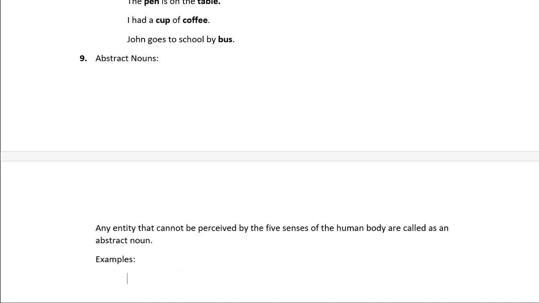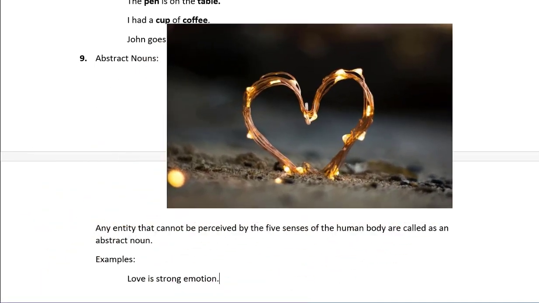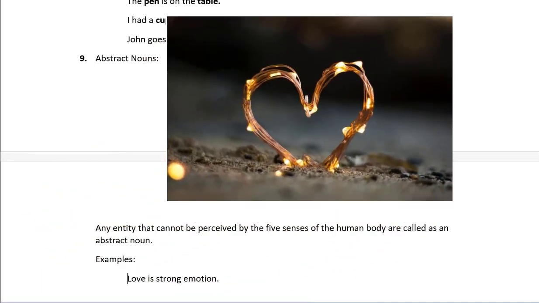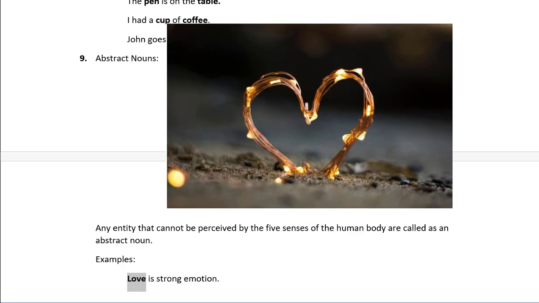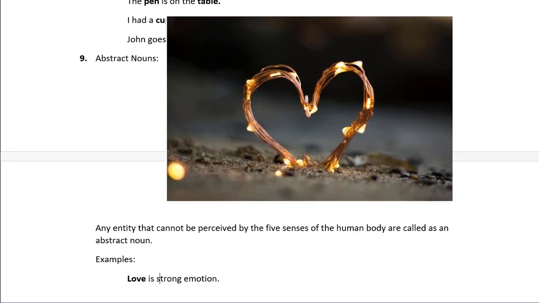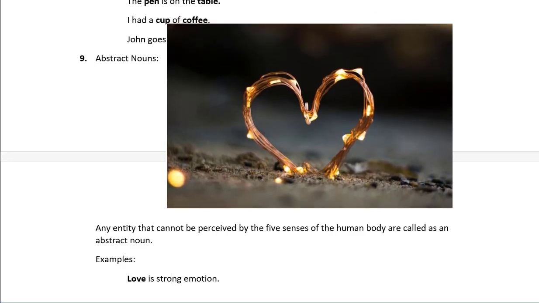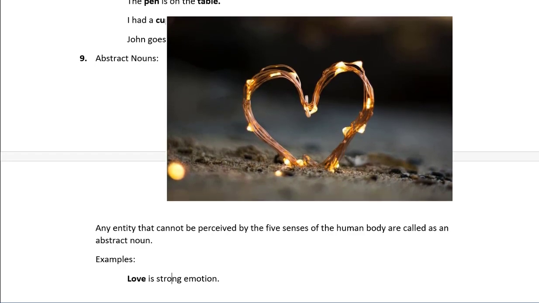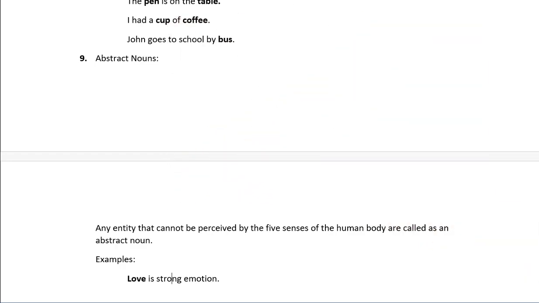For example, simply we can say love is a strong emotion. Can you touch the love? No. You can never touch the love. If you give someone the name of love, then you can touch him or her, but not by the sense.